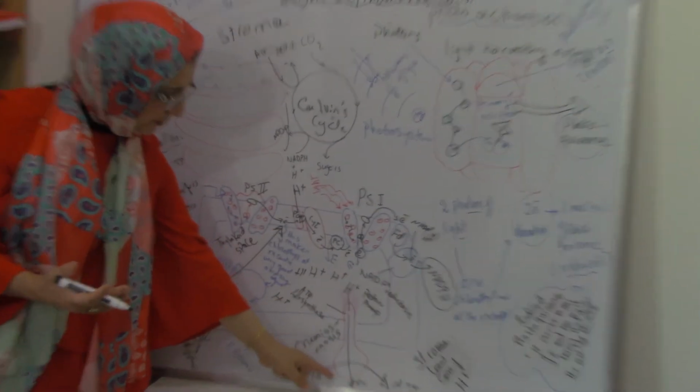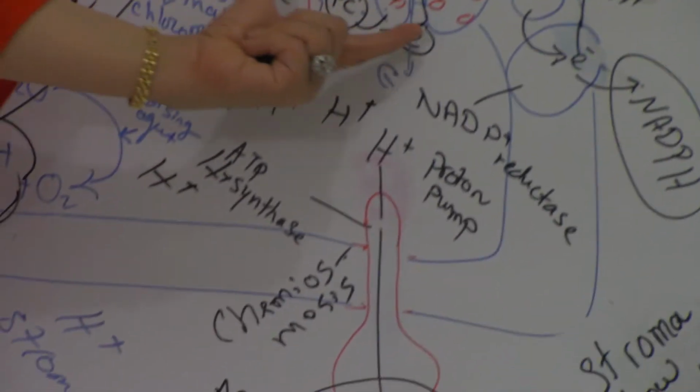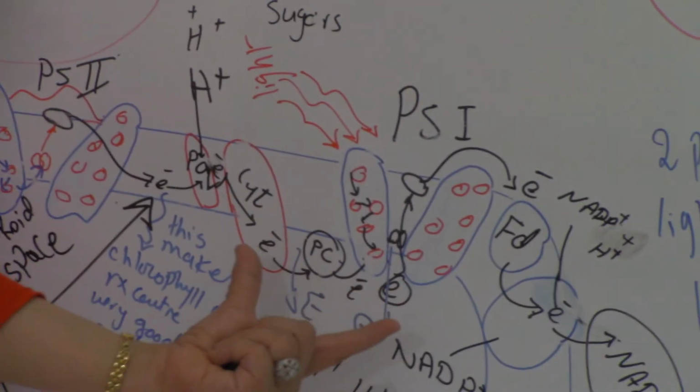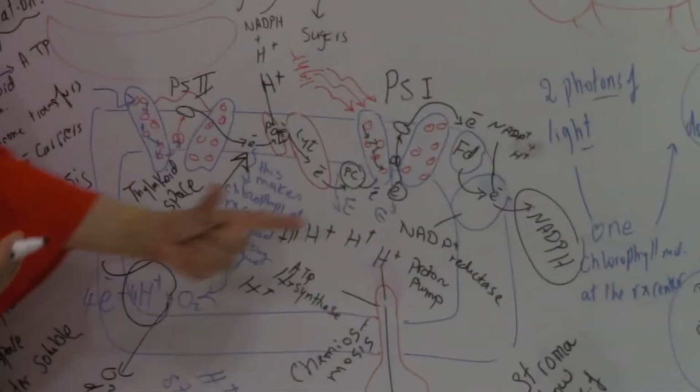the ATP synthase can be driven now by the energy produced from the electron transport chain, because as we said, as the electrons pass from one molecule to the next, some energy is released. So this energy together with the protons are going to drive the ATP synthase machine or enzyme.